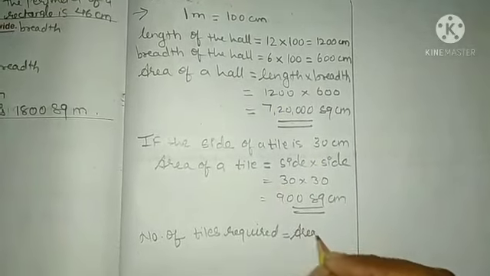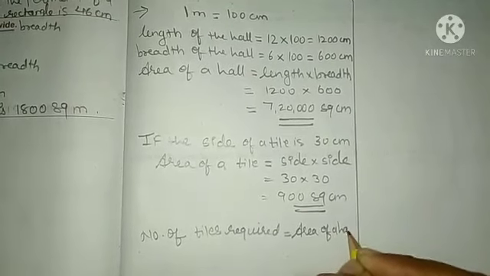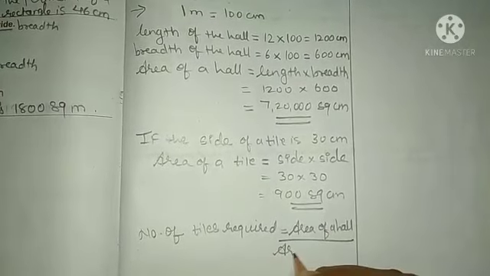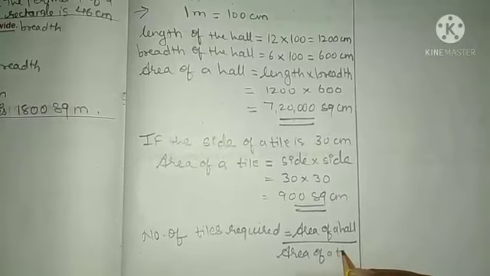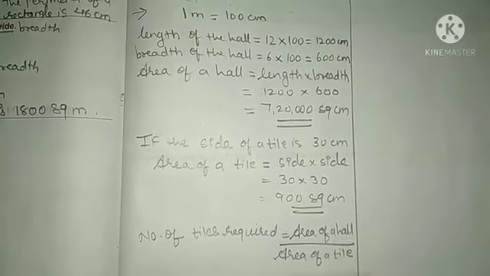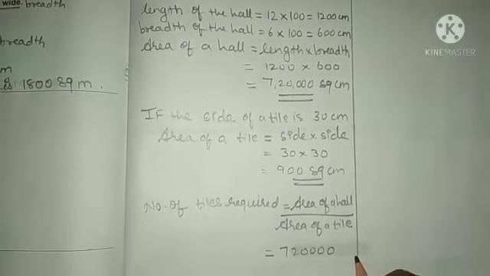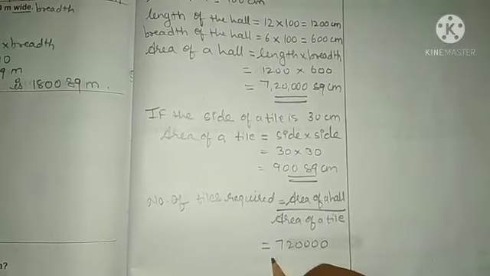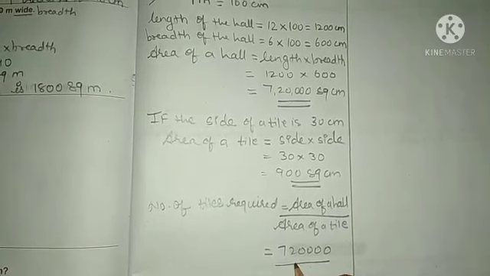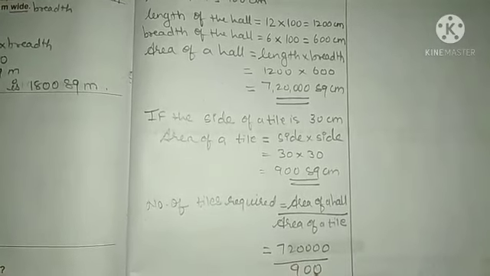So here we will write down area of the hall divided by area of a tile. Clear? So the area of the hall is 7,20,000. Understood? And the area of a tile is 900.